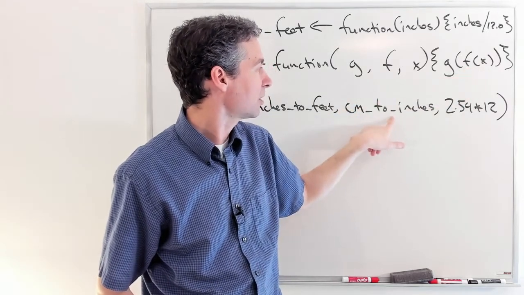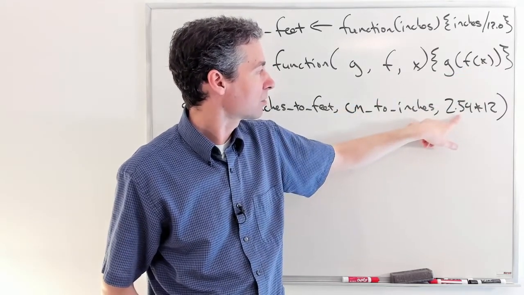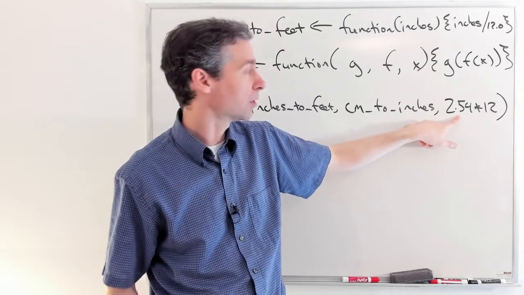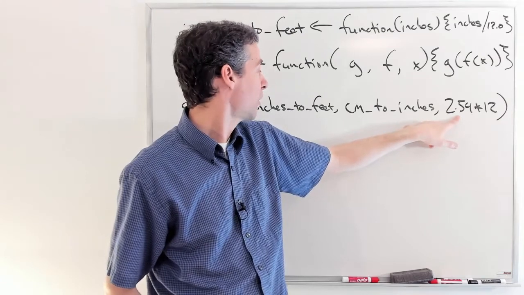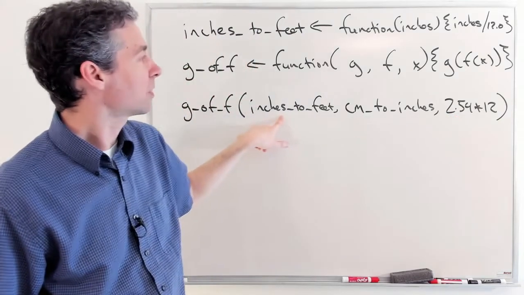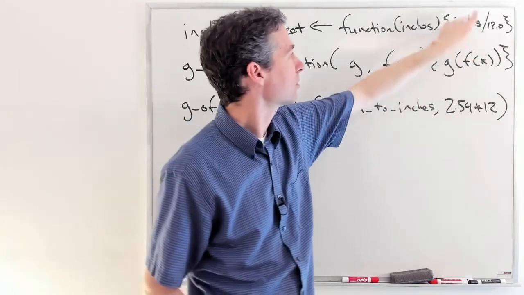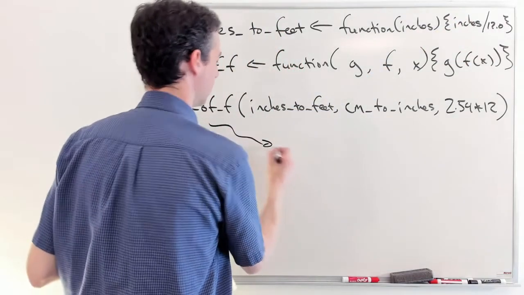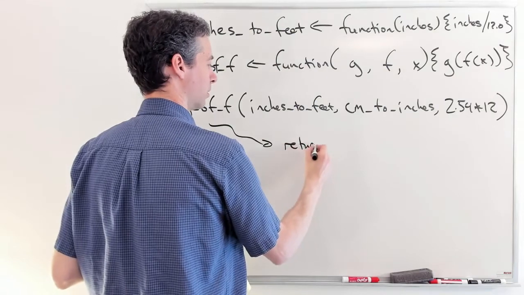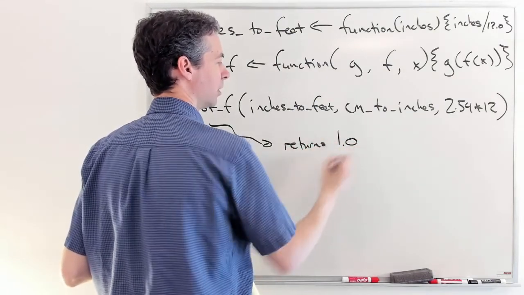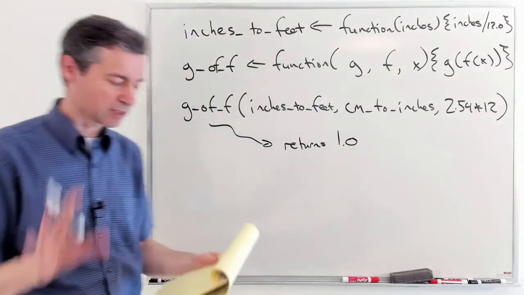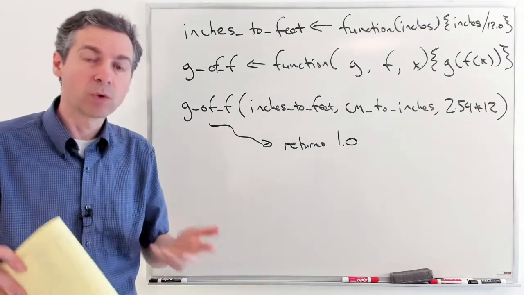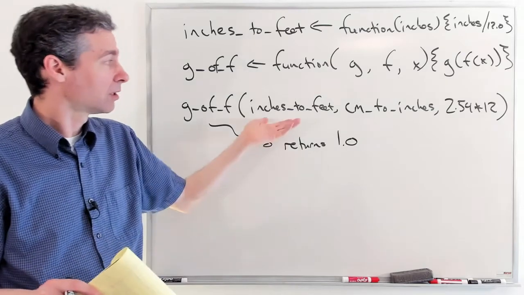So with centimeters to inches, when we've got 2.54 times 12, we divide by 2.54, we get back 12. Now, when we call inches to feet and pass in 12, we'll divide that by 12. And so this all returns, again, 1. So this is just an example that in R, we can pass around functions.